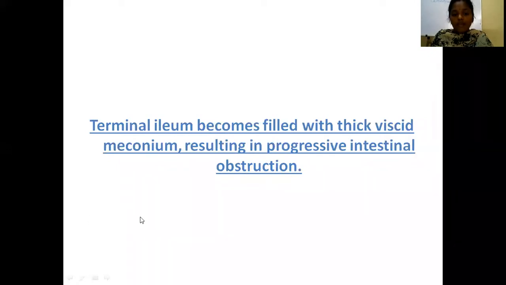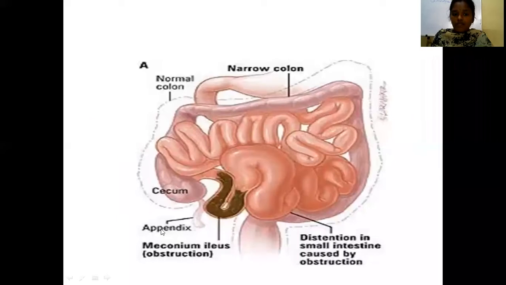So meconium ileus is one of the causes of neonatal obstruction, and it is one of the manifestations of the fibrocystic disease of pancreas, in which the terminal ileum will be filled with thick viscid meconium. This paste-like meconium will be filled up in the terminal ileum, causing the intestinal obstruction.